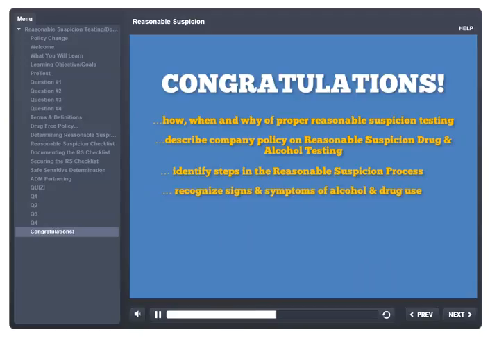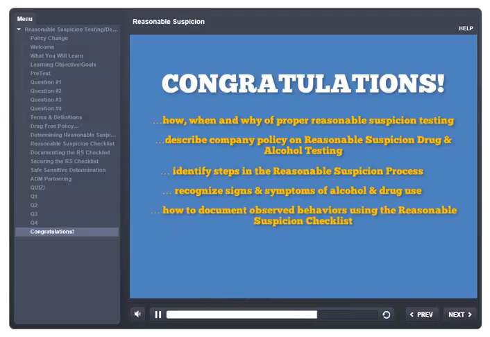Recognize the signs and symptoms of alcohol and drug use, and describe what to look for when determining reasonable suspicion. Demonstrate how to document observed behaviors using the Reasonable Suspicion Checklist. If you have any questions or concerns about the material in this course or your responsibility, please consult with your Area Development Manager. Thank you.